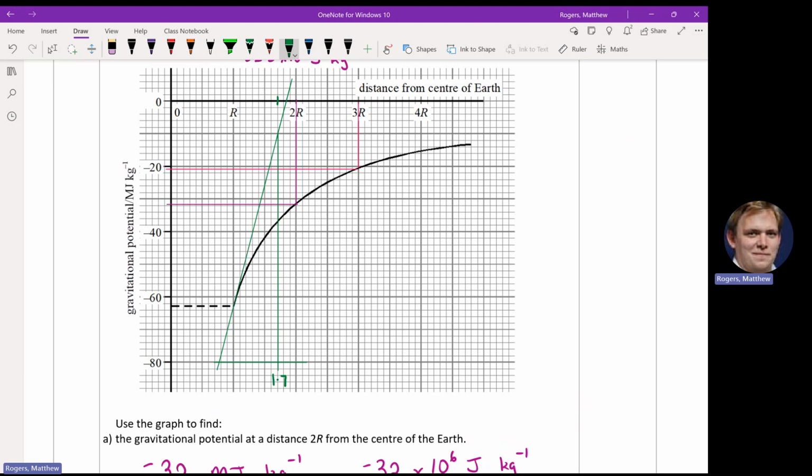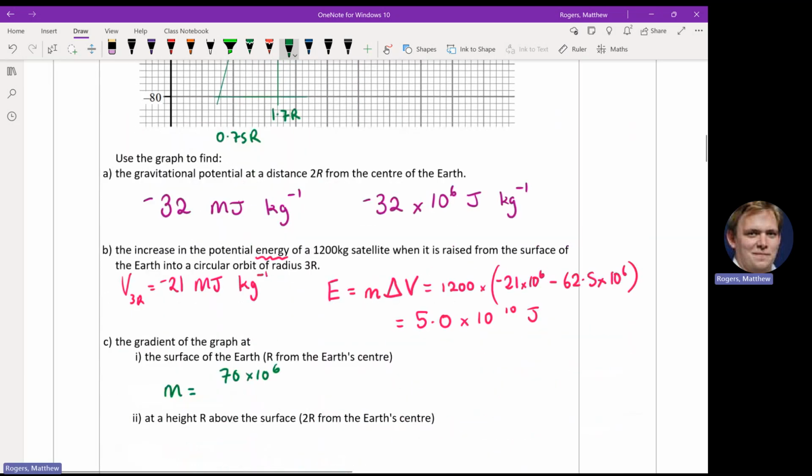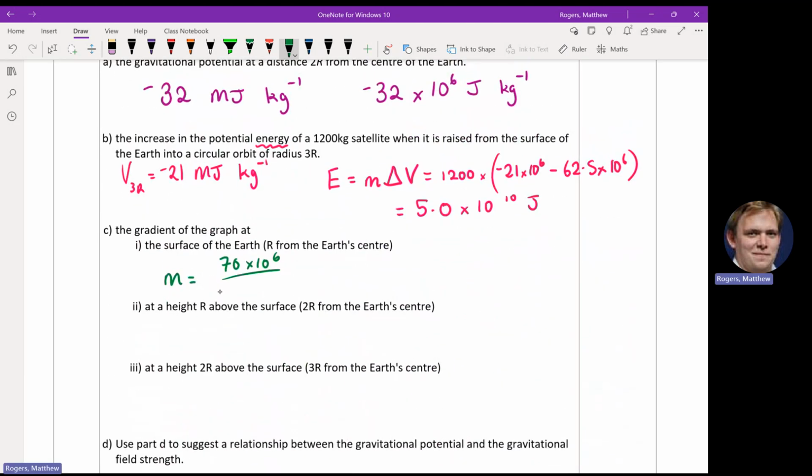I'm going to write that there so I don't forget, and this one is about halfway between those two marks, so about 0.75 r. So the difference between the two is 0.95 times r, r being the radius of the Earth, so 6.4 times 10 to the 6. So we need to calculate that.